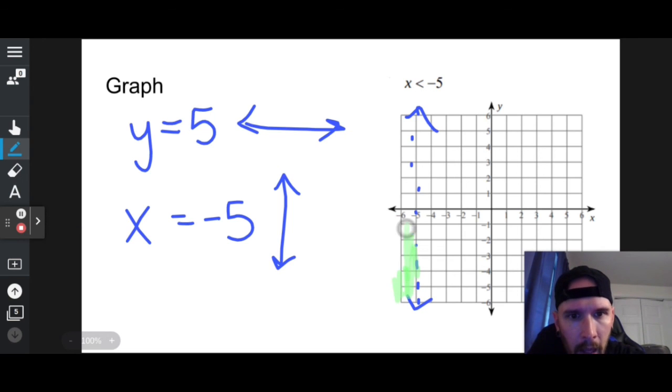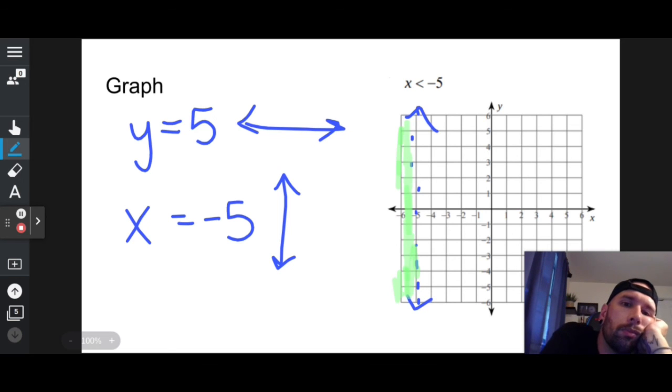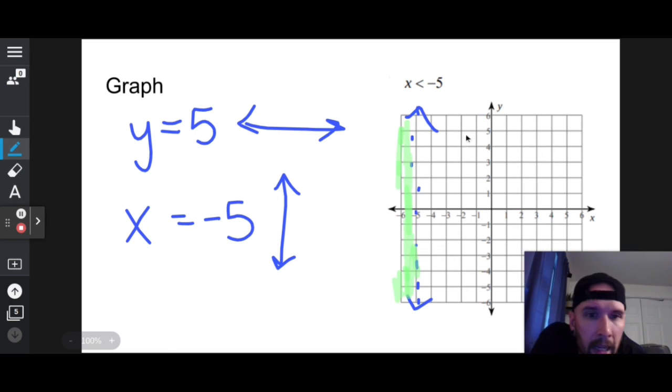I don't have a lot of space, but you get the idea. So if I use the point -6, 1 and plug in -6 for x, and if you're like, what about y? Who cares? It's not there. If I were to plug in -6 for x, -6 is smaller than -5.